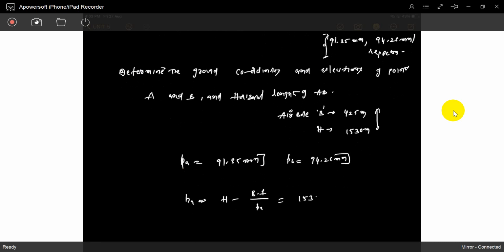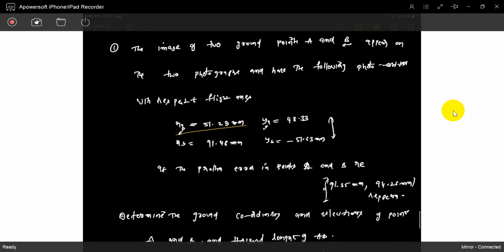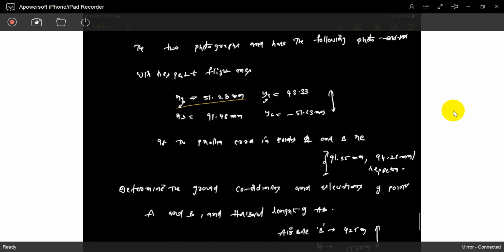What is the height? 1350. B is the air base, 425. F is the focal length. Did I give it or not? Otherwise I will give it.